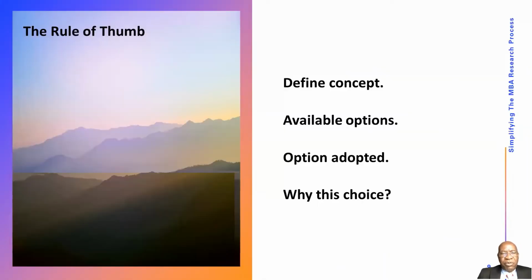Rule of thumb, before we move on to discussing the details of the research onion. First thing that I would do, if I'm, say, for example, addressing the research philosophy for my study, I would define the concept. What is a research philosophy? Why is it important? According to who? And then what kind of research philosophies are available that I could choose from to adopt for my study?